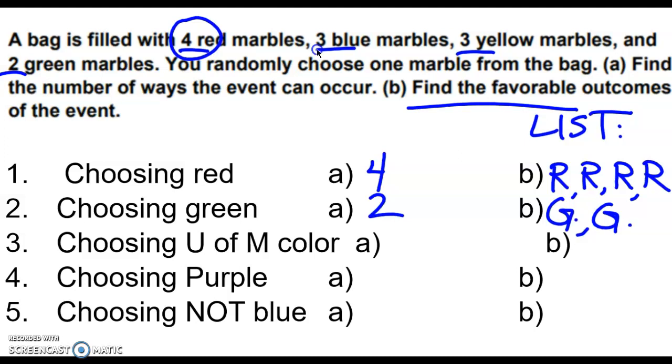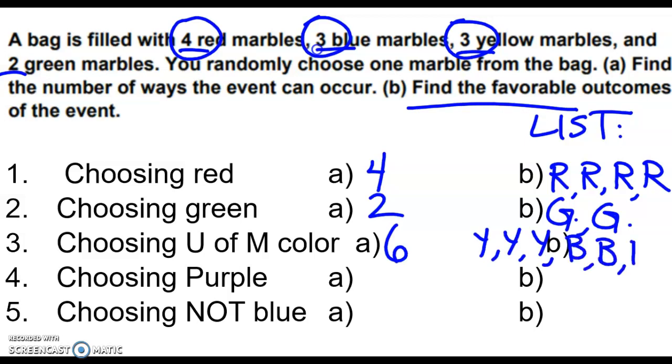All right, choosing a U of M color. Not that I like U of M, but it fit with the question here. So I know U of M colors are yellow or blue. So let's see. I have 3 yellow and 3 blue. So if I put those together, there are 6 different ways I could draw a U of M color, right? So if I draw the yellow, the yellow, the yellow, or the blue, blue, or the other blue.